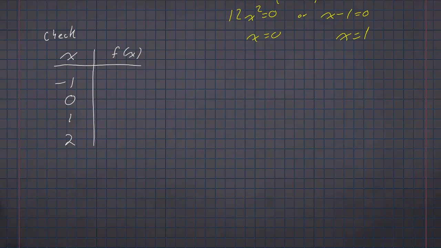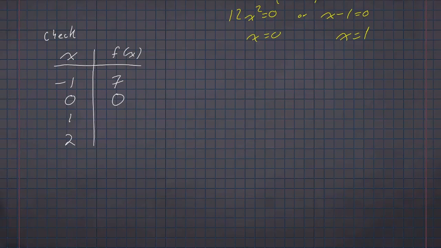Now we evaluate the function. F of -1 will be 3 times -1 to the fourth minus 4 times -1 cubed. -1 to the fourth is +1, -1 cubed is -1. So we have 3 minus -4, 3 plus 4, which is 7. Plug in 0. We get 0 plus 0, which is 0.